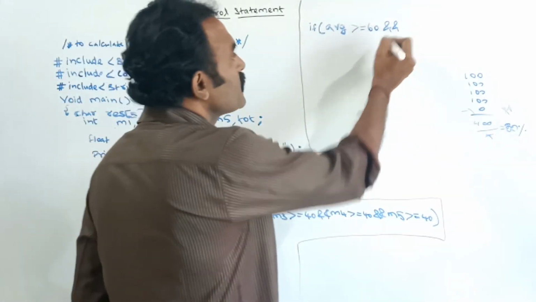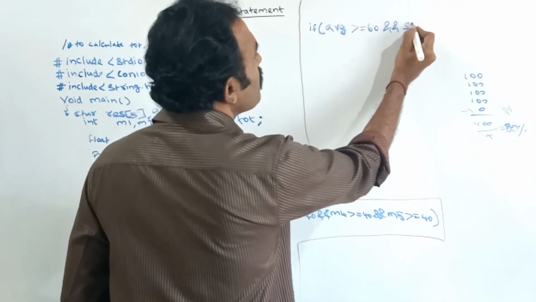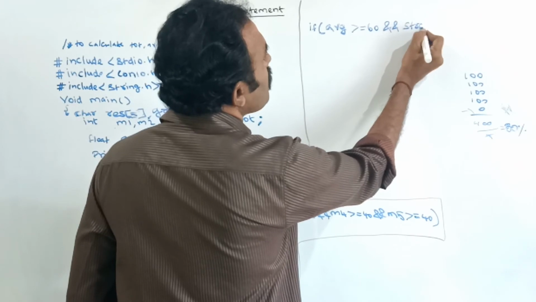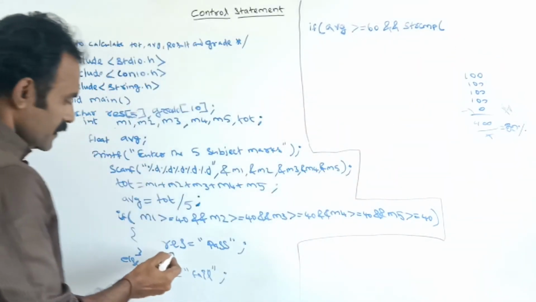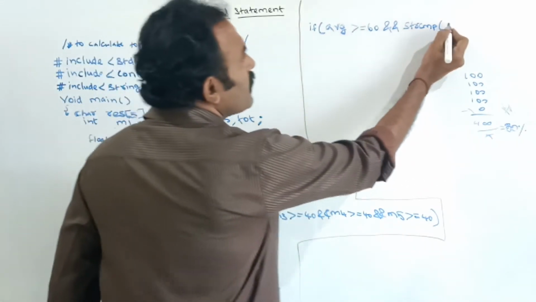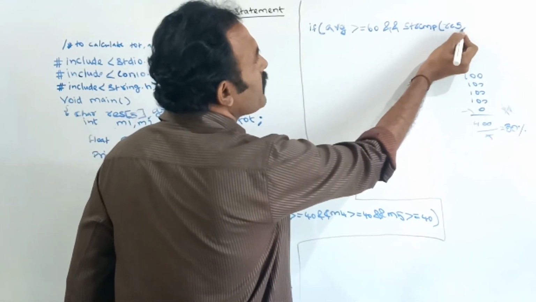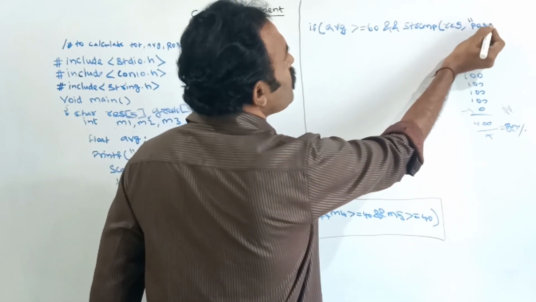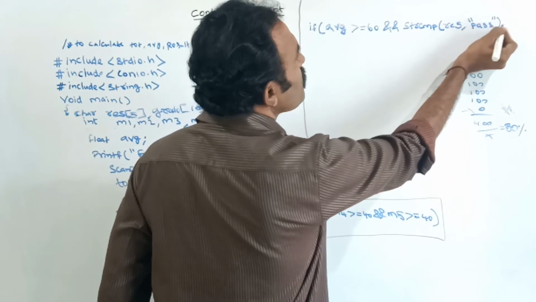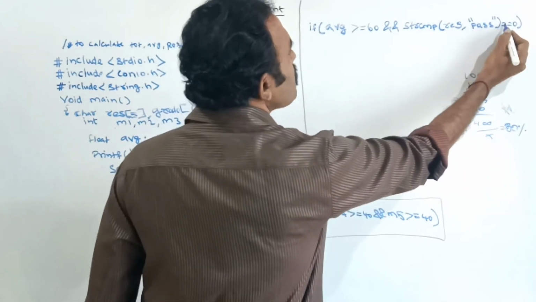So here I am using the AND operator, and by using this string compare function I am comparing the value inside this variable res and pass. If both are equal, it should be 0.